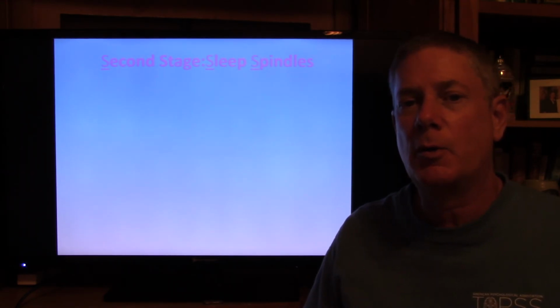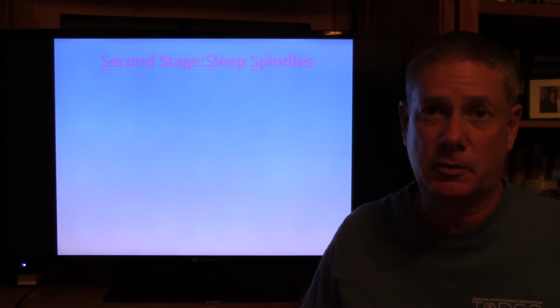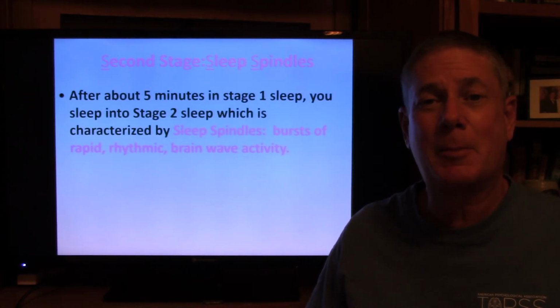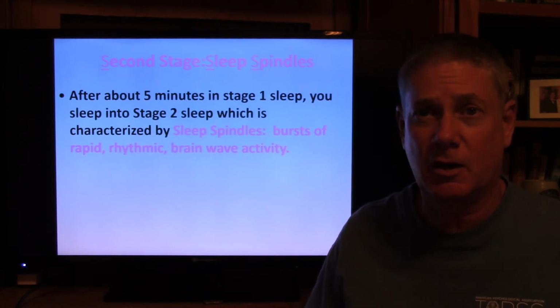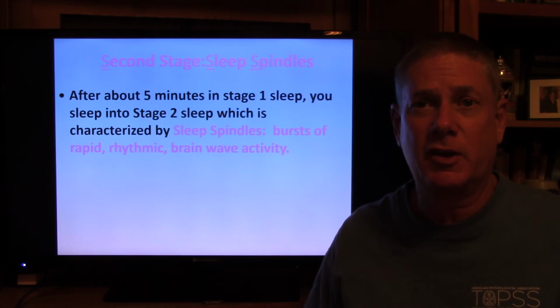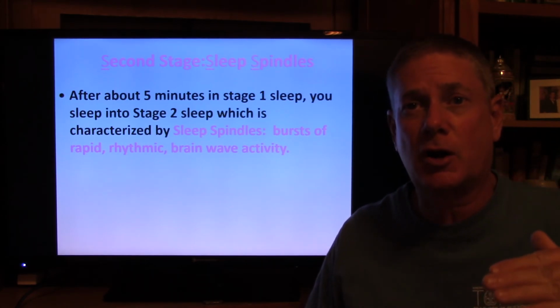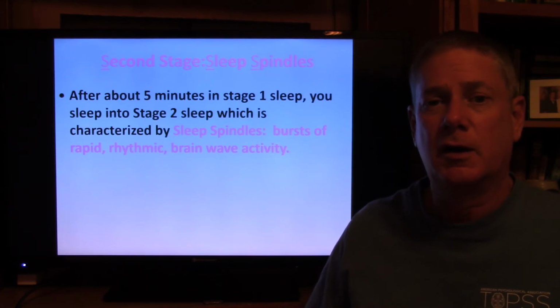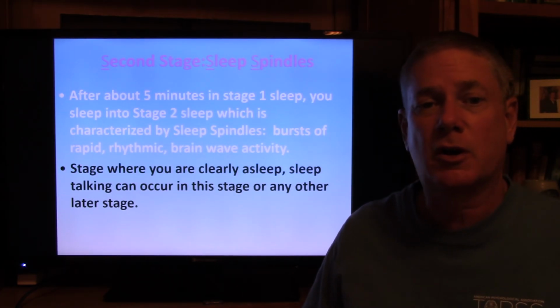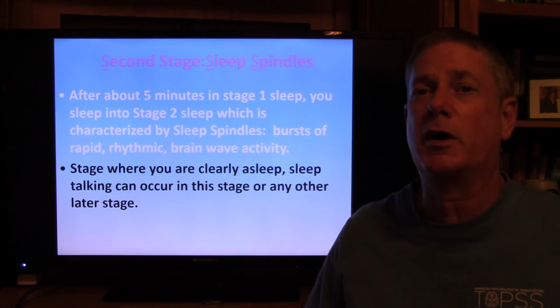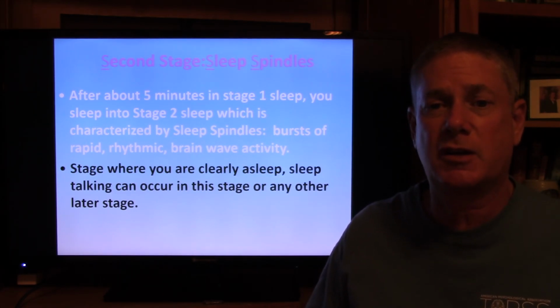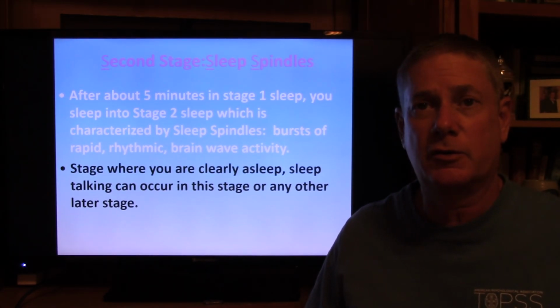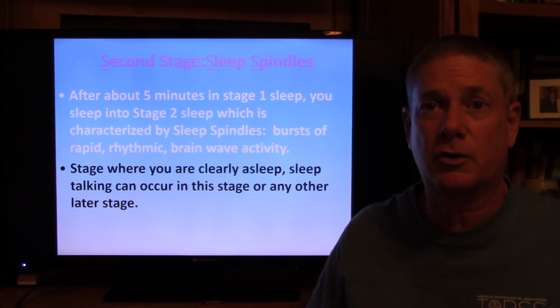Stage 2, we want to remember a term called sleep spindles. Sleep spindles are a rapid bunching pattern of EEG waves that seem to mark the difference between non-REM 1 and non-REM 2. Again, this is a stage where you're clearly asleep, and sleep talking can occur at any other stage as well.